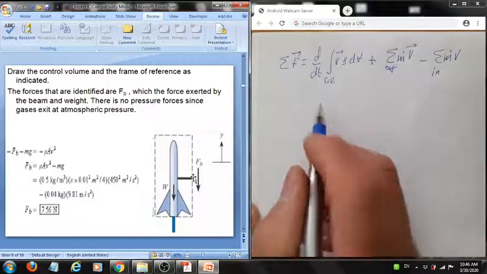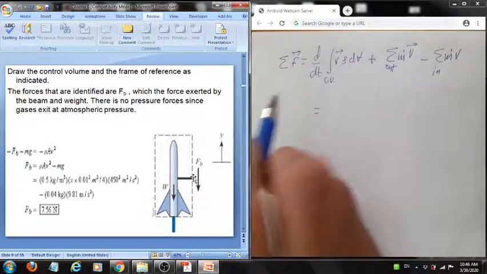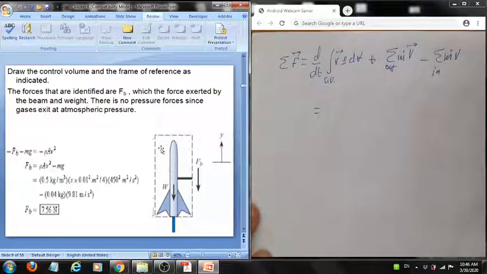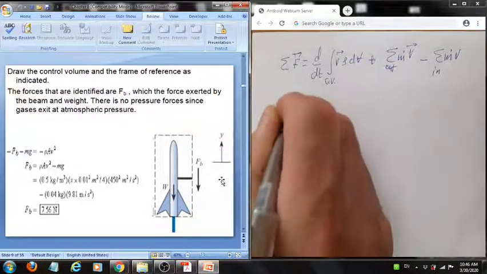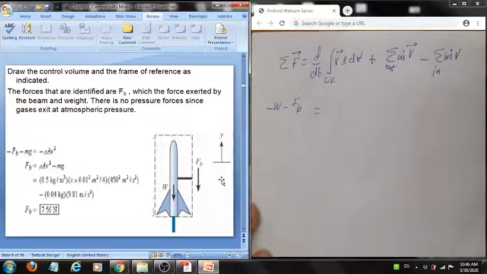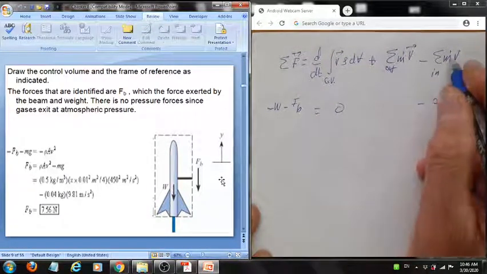Okay, we're interested in the y direction. What are the forces acting on this control volume? We have weight and FB. Both are acting in the negative y direction, so we write minus W minus FB. In most cases, we'll take steady. We have no mass entering, so this is zero.